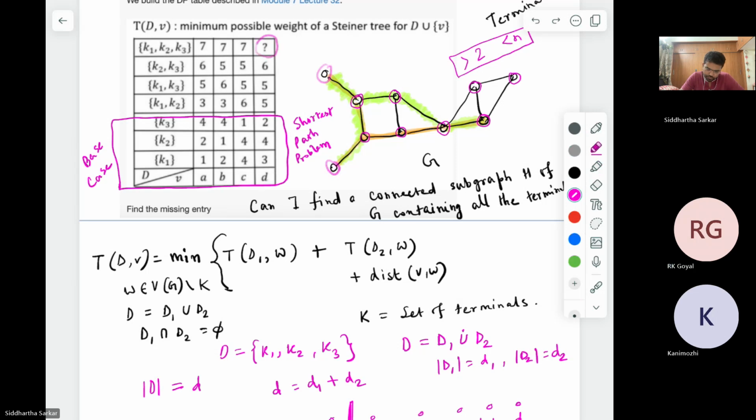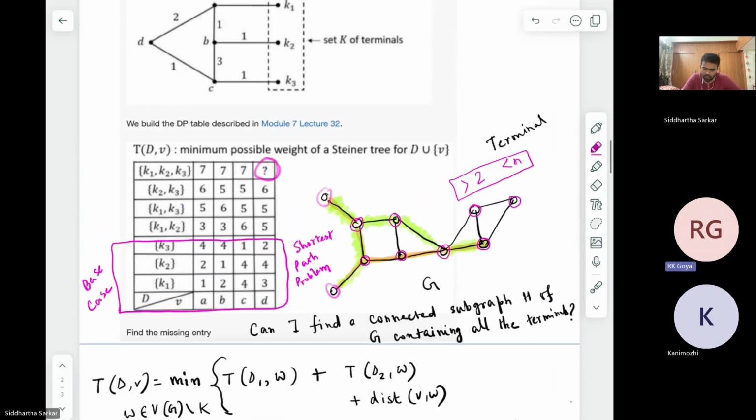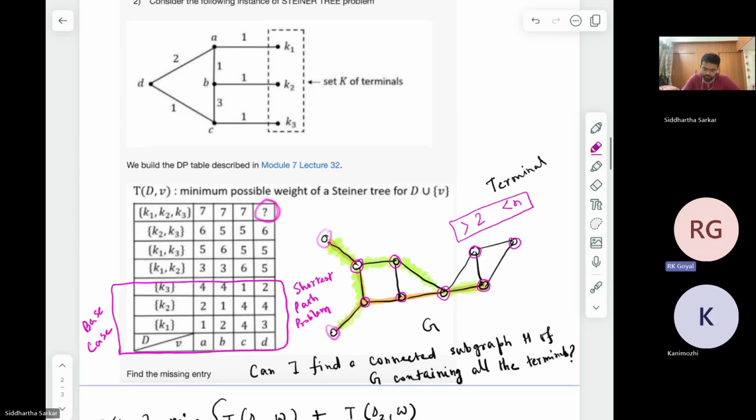It corresponds to covering K1, K2, K3, comma D. So taking till D or only D? Only D. Okay. So K1, K2, K3 and D need to be connected by some connected graph.